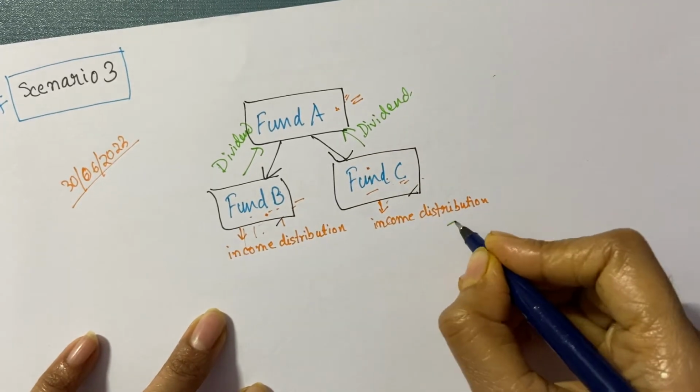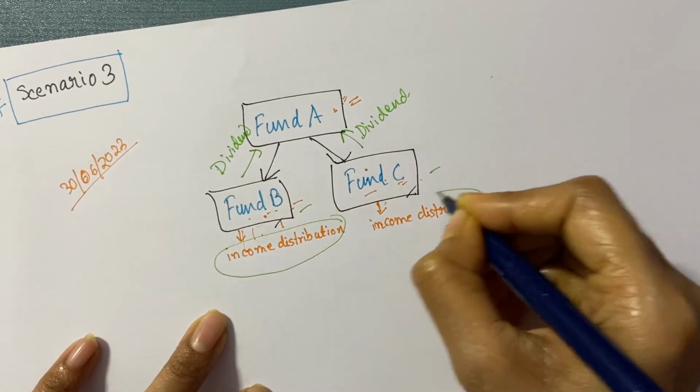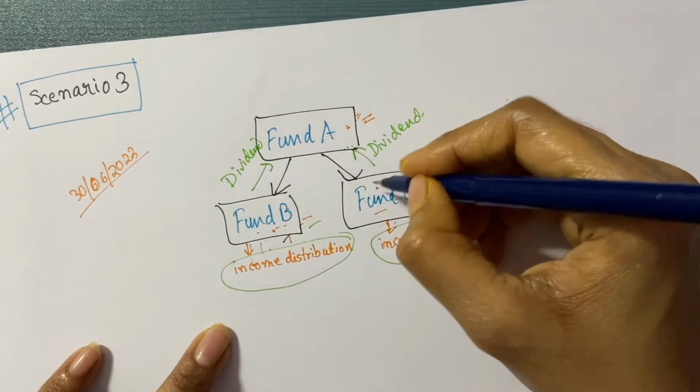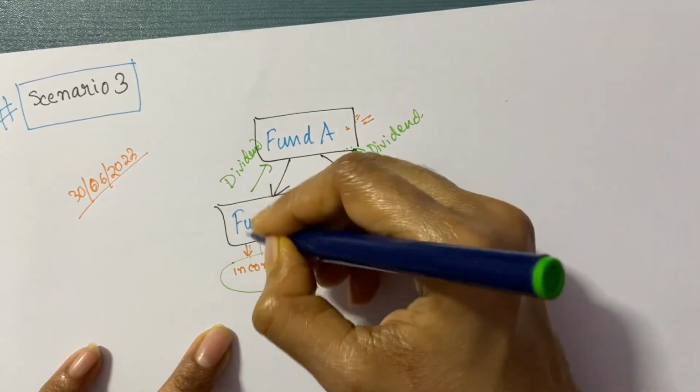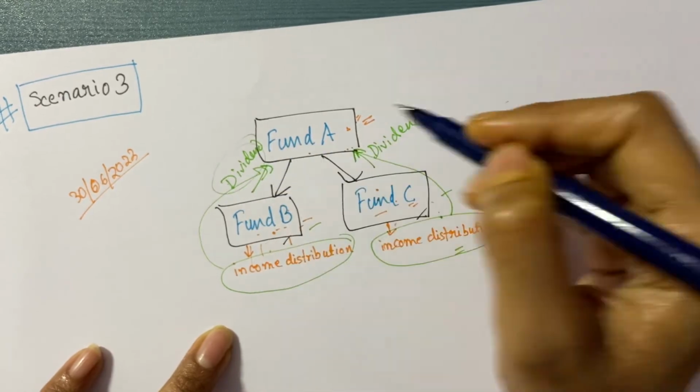For these funds, these amounts are payable. And paying to whom? Paying to its investor. So this income will go into fund A, and for fund A, this will be nothing but the dividend.